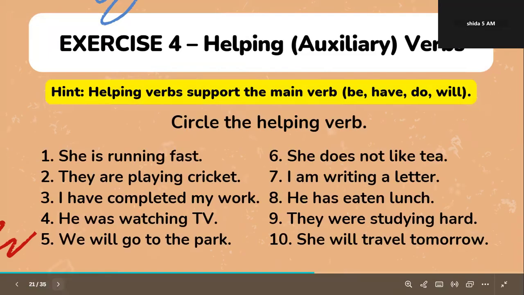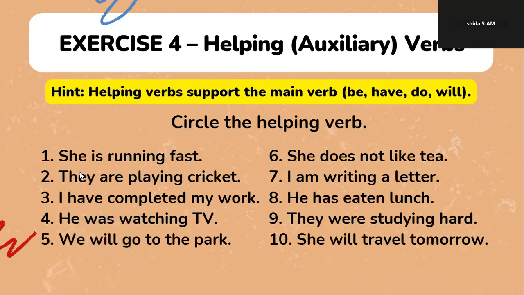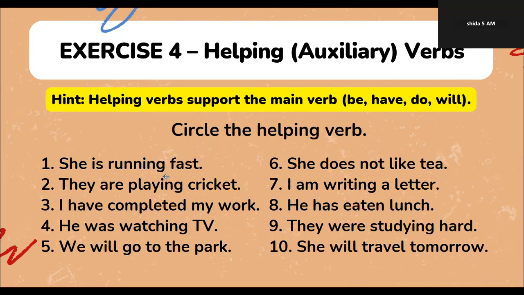Okay, exercise number 4. Helping or auxiliary verbs. Helping verbs support the main verb, like be, have, do. She is running fast. We have to circle the helping verb here. Got the answer?